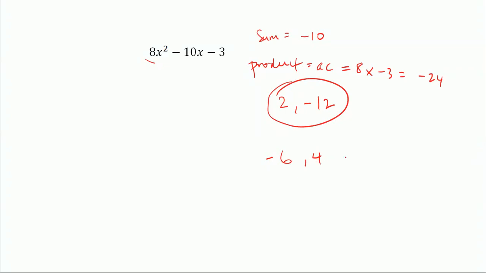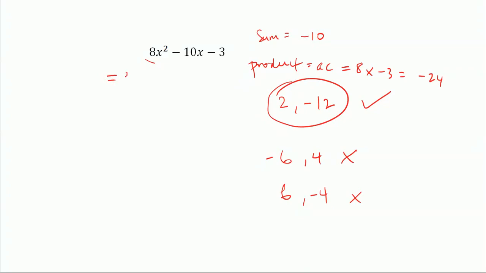I'm not getting the minus 10. So this is incorrect, right? If I use 6 and minus 4, 6 multiplied by minus 4 will give me minus 24, but 6 plus minus 4 will give me 2. I'm looking for a sum of minus 10. So therefore 2 and minus 12 is the correct one.